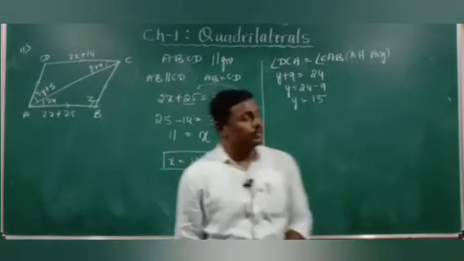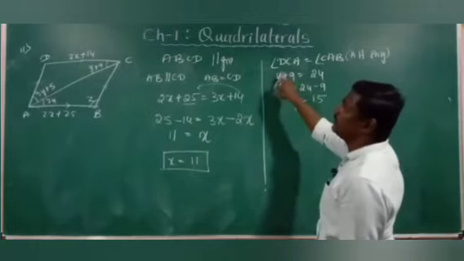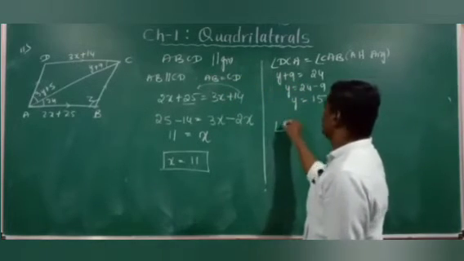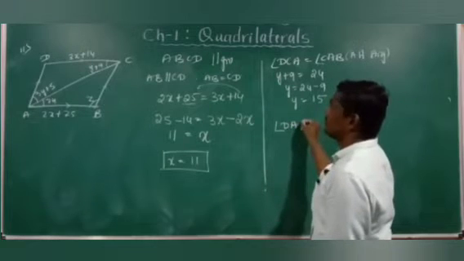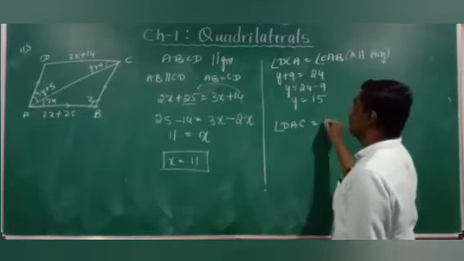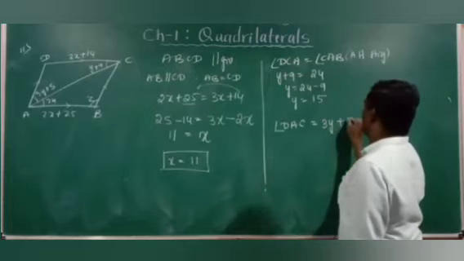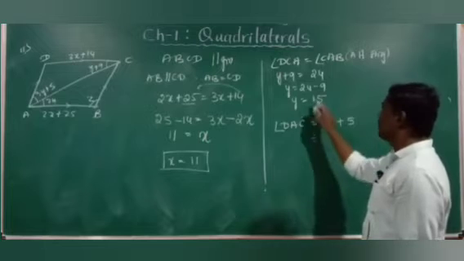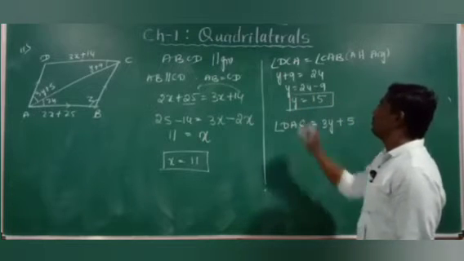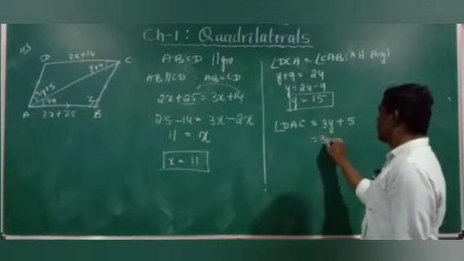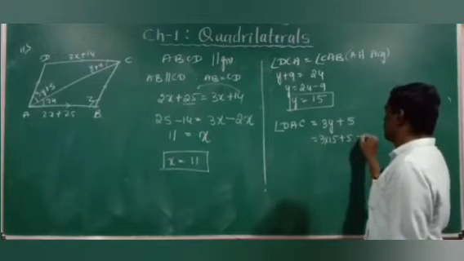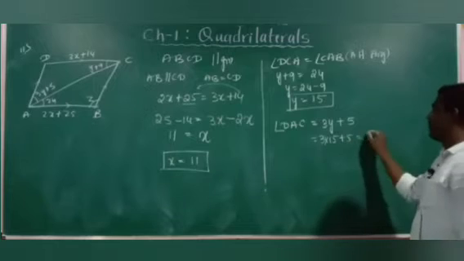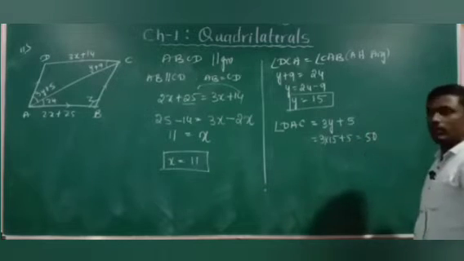Here you need to find the angle DAC, which is equal to 3y plus 5. The y value is already calculated, that is 15. So 3 into 15 plus 5. 3 15s are 45, 45 plus 5 is 50 degrees, right?